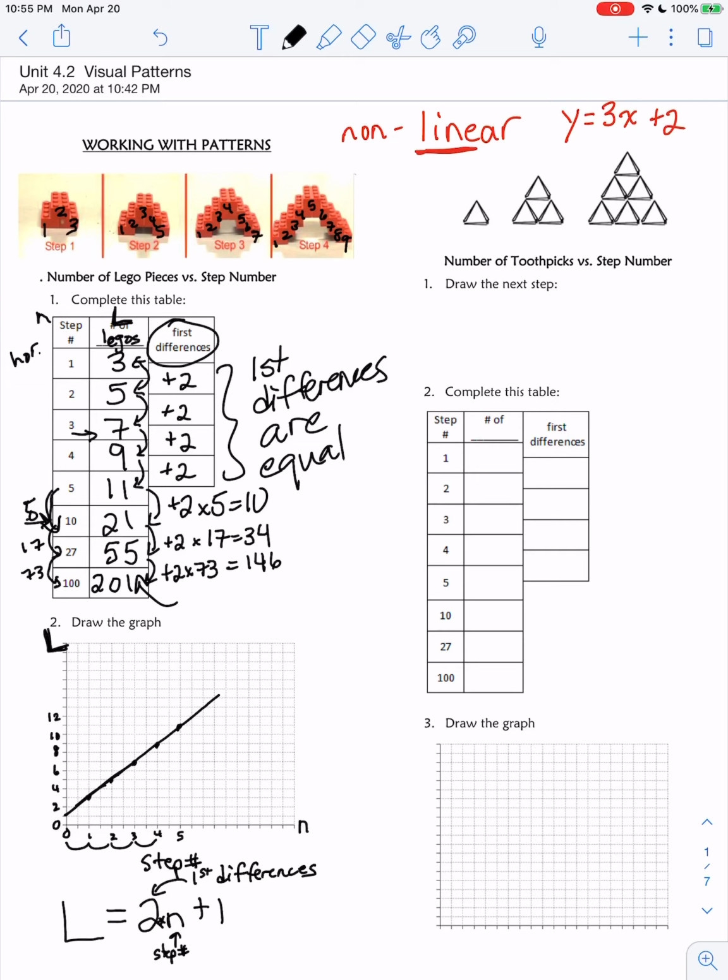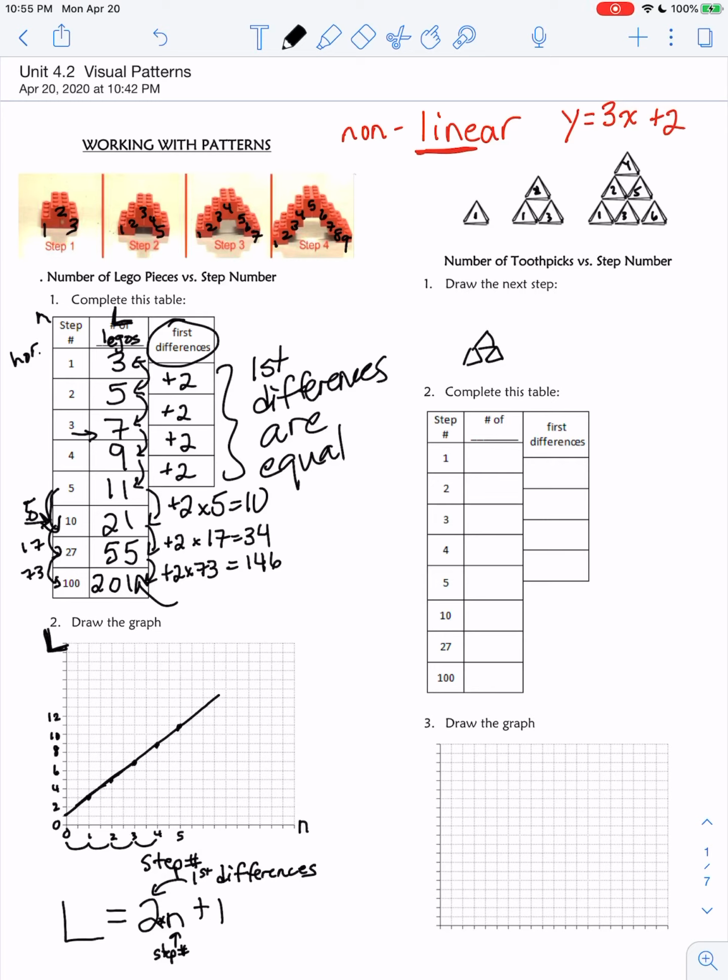We need to draw the next step. So I've got 1, there's the first one, and then 2, 3, and then 1, 2, 3, 4, 5, 6.